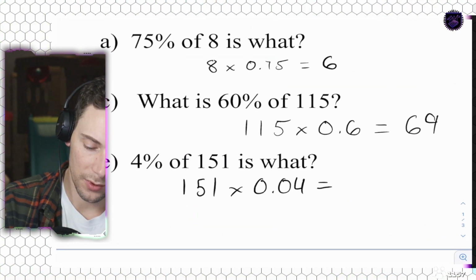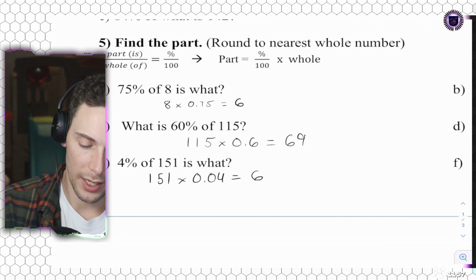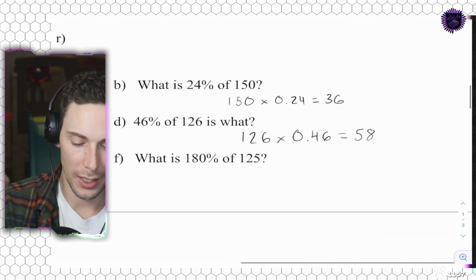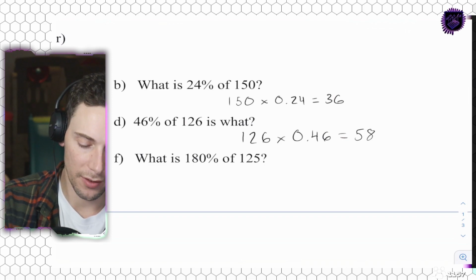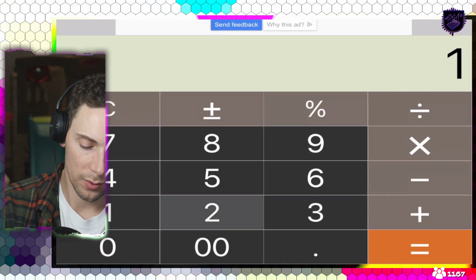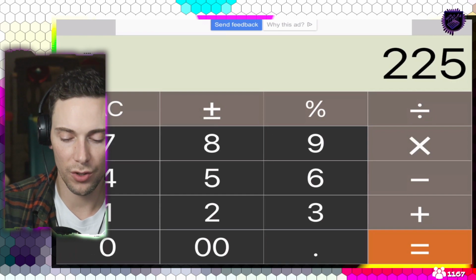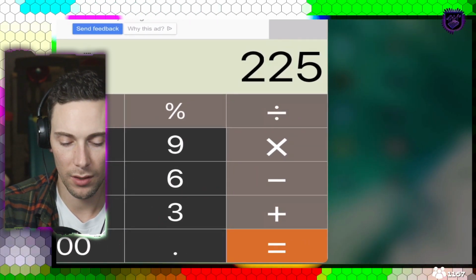This is going to be equal to 6. And the last one, 180% of 125. So 125 multiplied by 1.8 equals 225.